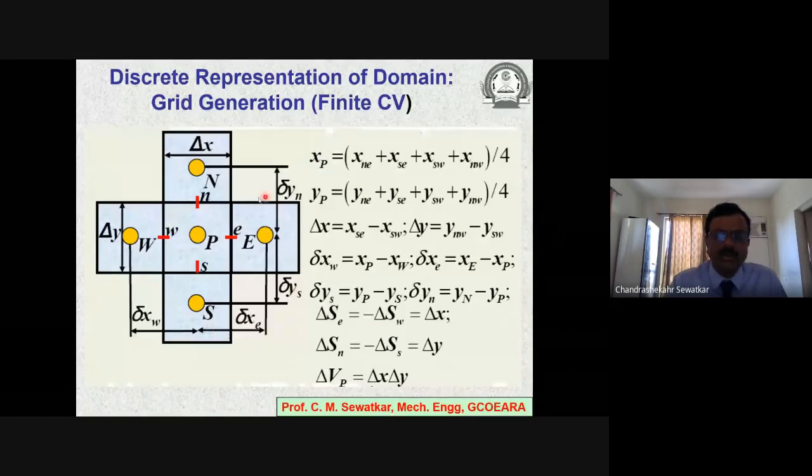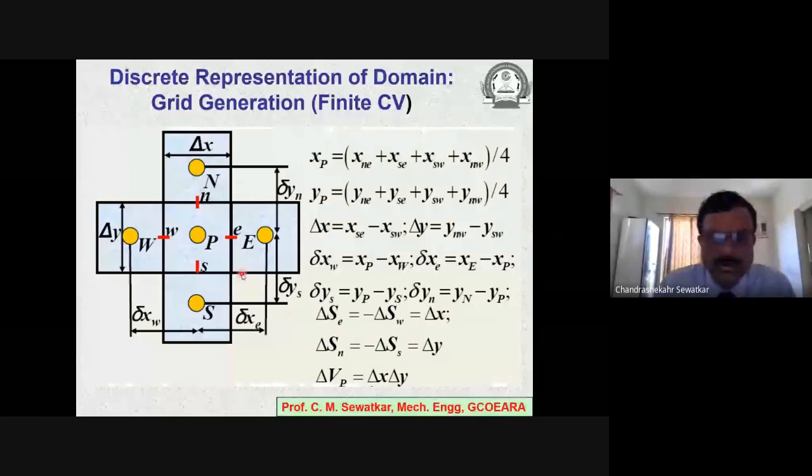Once I determine the distances between neighboring cell centers and the cell center under consideration, I need to also determine the area of the faces. Each cell has 4 faces: east, west, north, and south. Let me clarify one thing. The area is always treated as a vector quantity, so direction is an important parameter for the area.